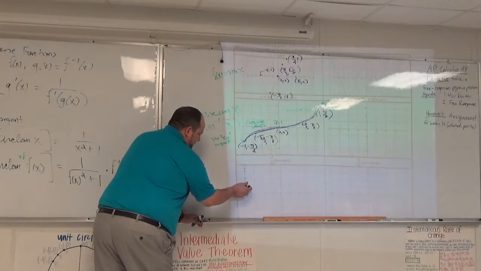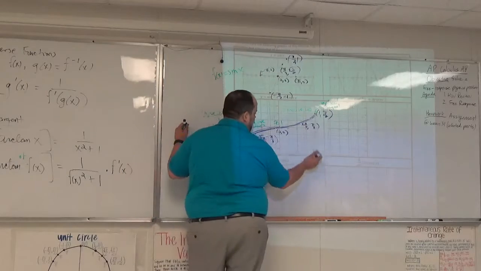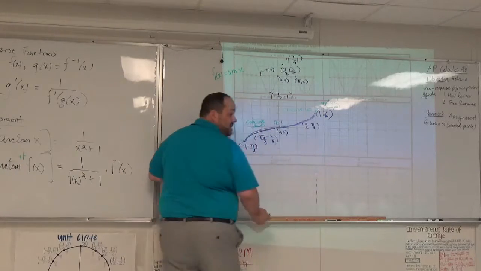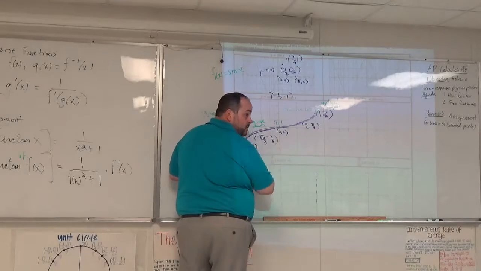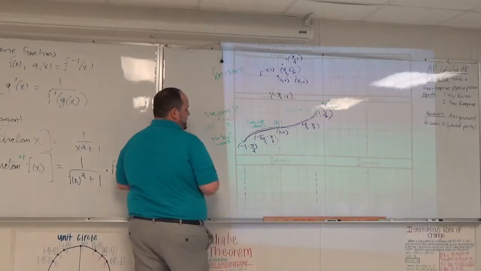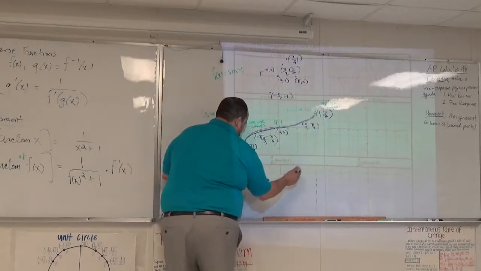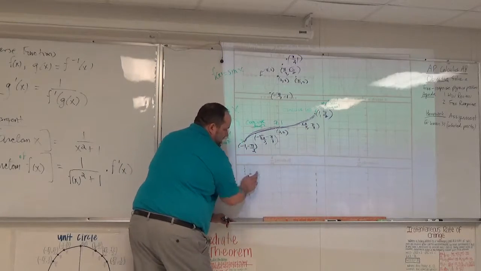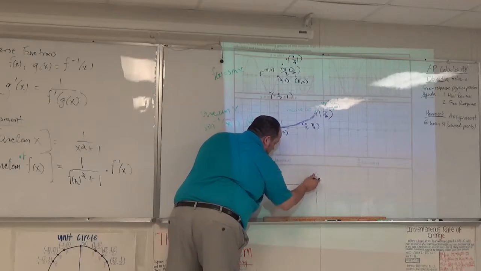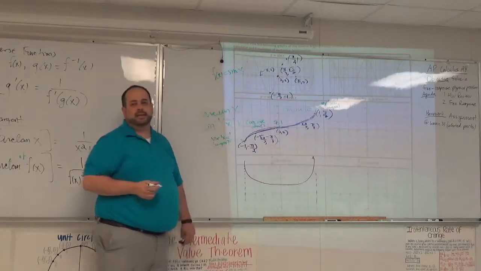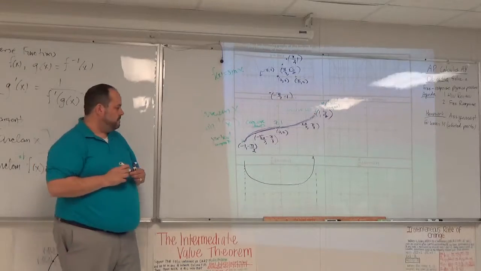I have a vertical asymptote here and here. You guys told me my graph was always positive, so I'm always going to be above the x-axis. Decreasing, min, increasing. If I'm going to obey the rules of vertical asymptotes, my derivative graph will have to look something like that. Okay?